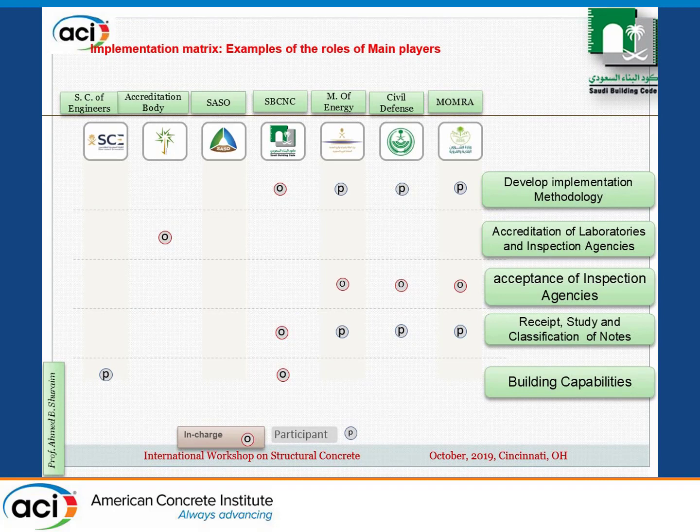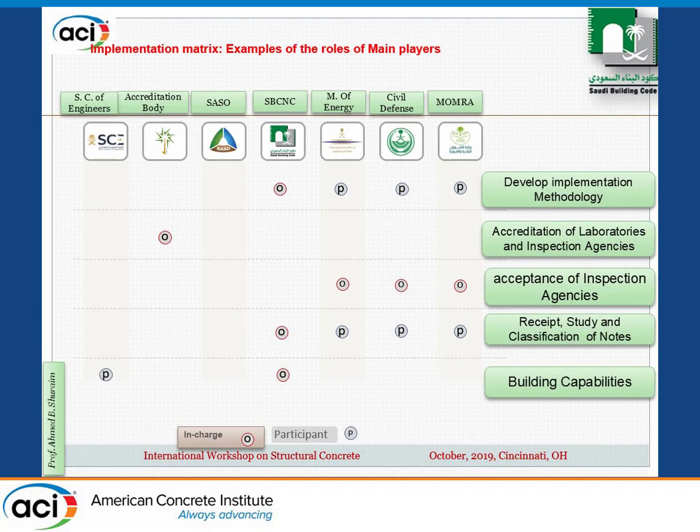Okay, the implementation matrix shows the relationship between some entities within Saudi Arabia. That includes the Saudi Council of Engineers, for the engineers, and their role here. This is the accreditation body. This is SASO, the Saudi Organization for Standards.